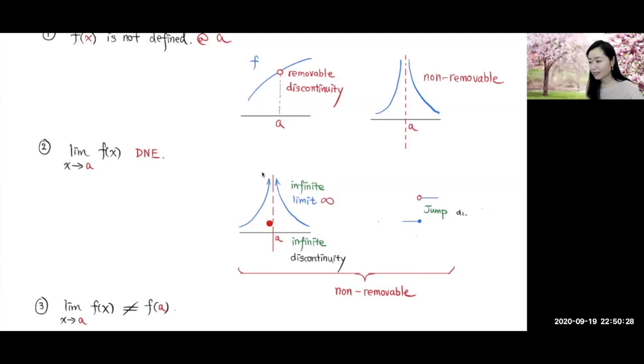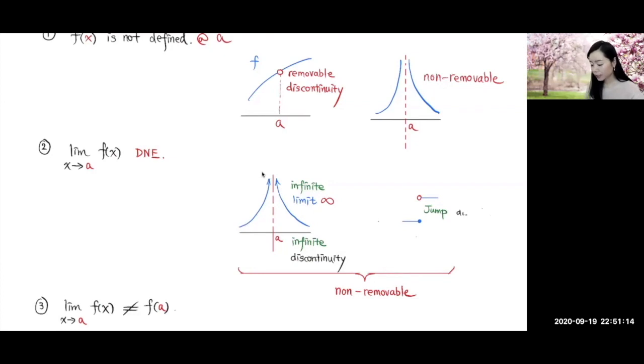It has an infinite limit, infinity, but infinity is not a real number, so that's a special case of does not exist. This is what we call an infinite discontinuity because the limit goes to infinity. It's also a non-removable discontinuity. You cannot remove the discontinuity by filling in a single dot.